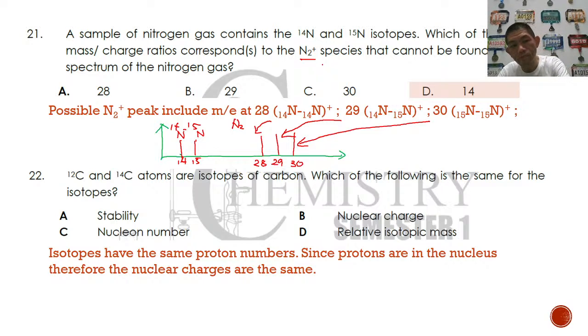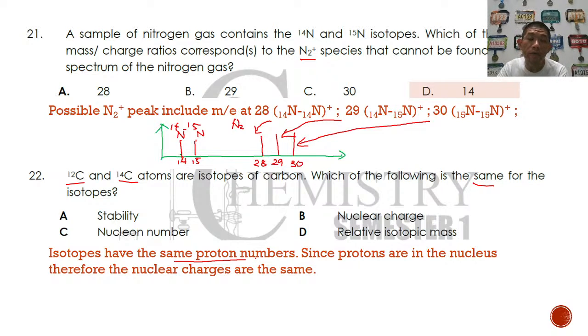Okay, number 22. Carbon-12 and carbon-14 are isotopes of carbon. Which of the following is the same for the isotopes here? Isotopes are substances that have the same number of protons but different nucleon numbers.